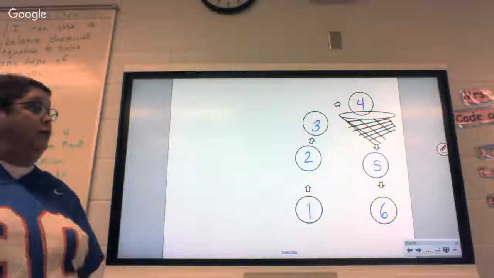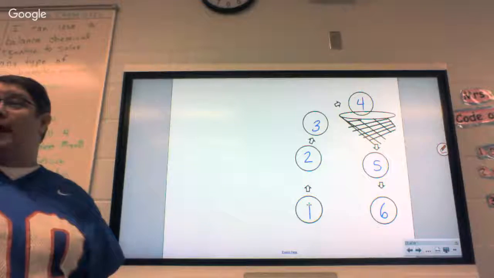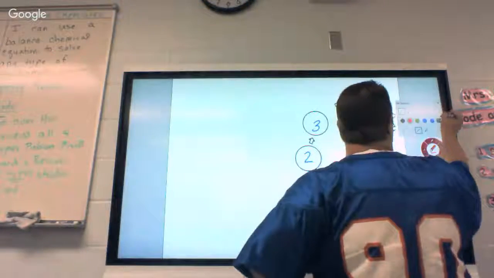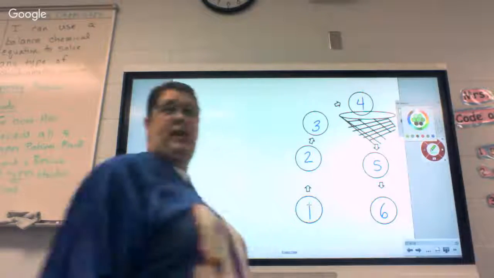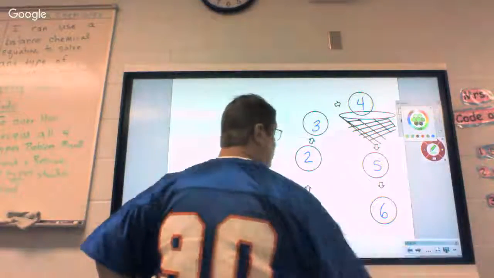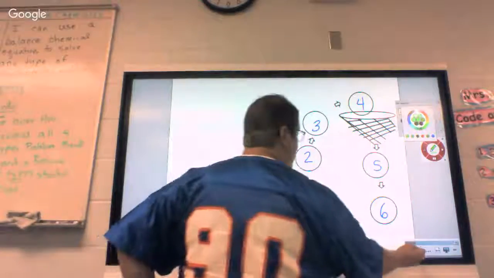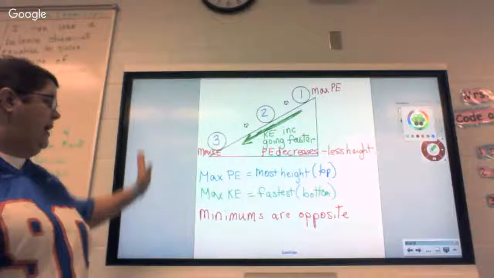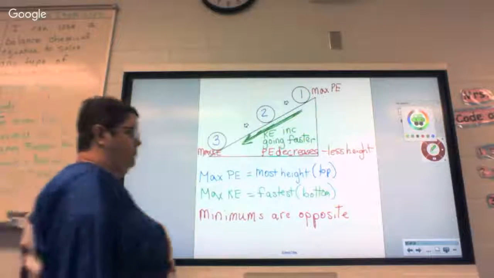Now, looking at 1 through 6, where would I find the greatest potential energy in the picture? Where is the greatest potential energy based on what we just talked about?